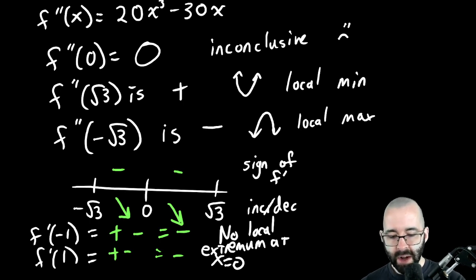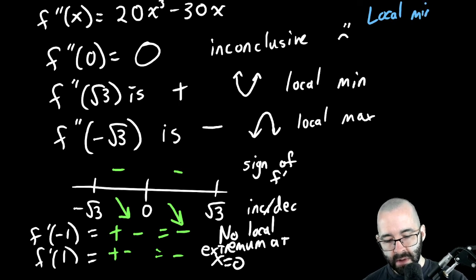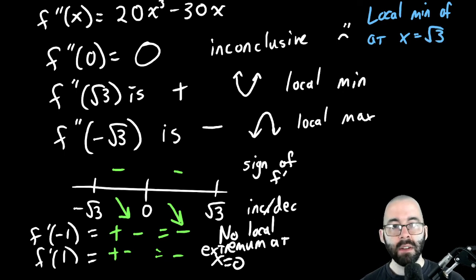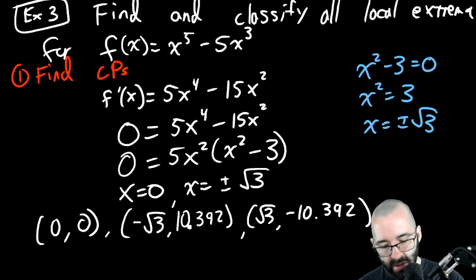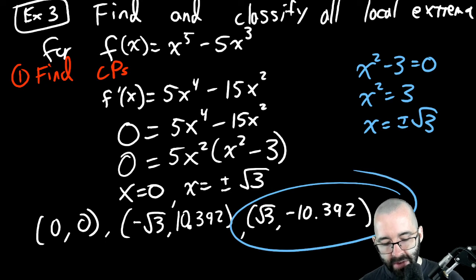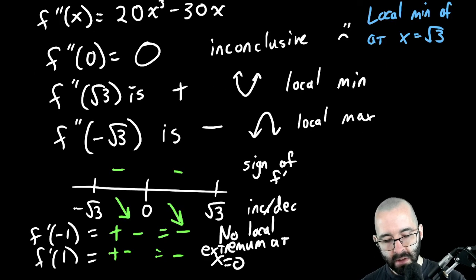So let's write up our answer. Local min of about -10.392 when x is the square root of 3. That's not going to fit.